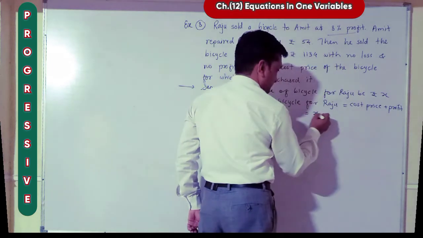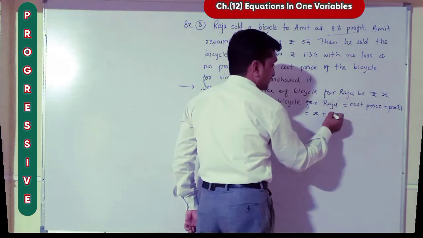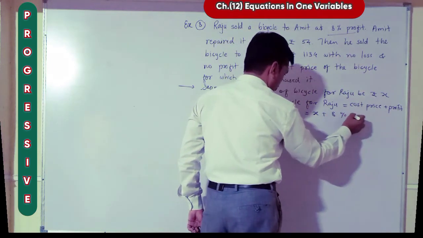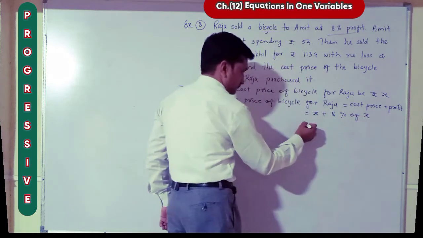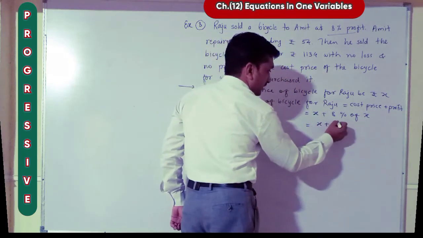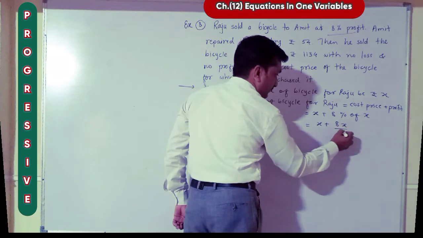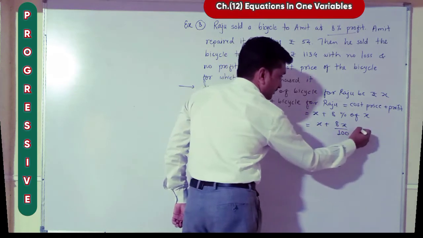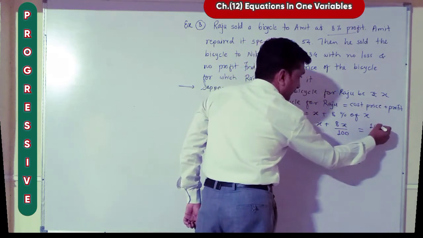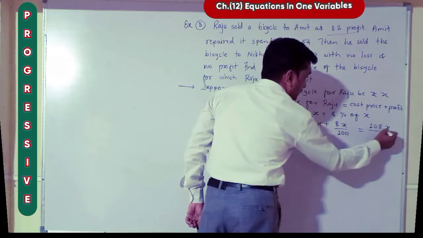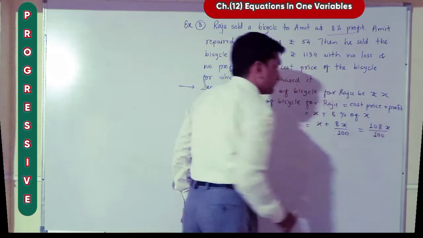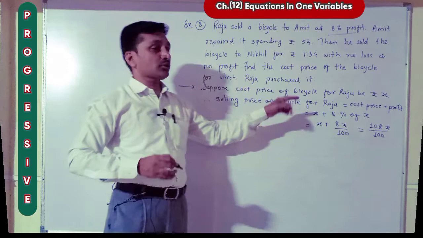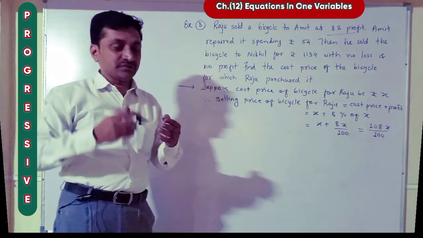Cost price is x, profit is 8% of x. Then it is written as x plus 8x upon 100, and that will be 108x upon 100.